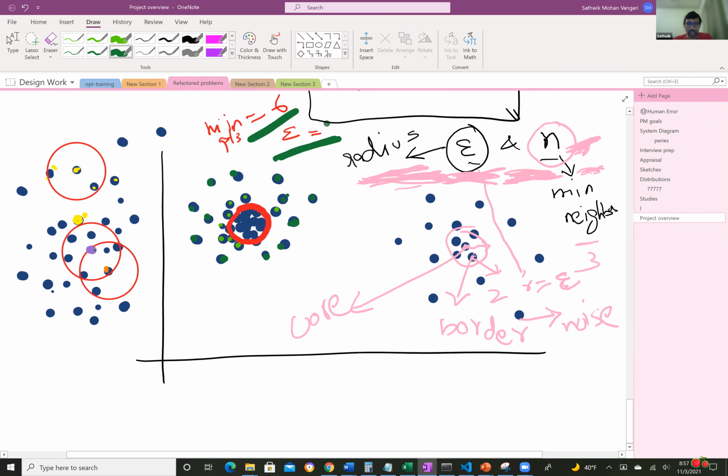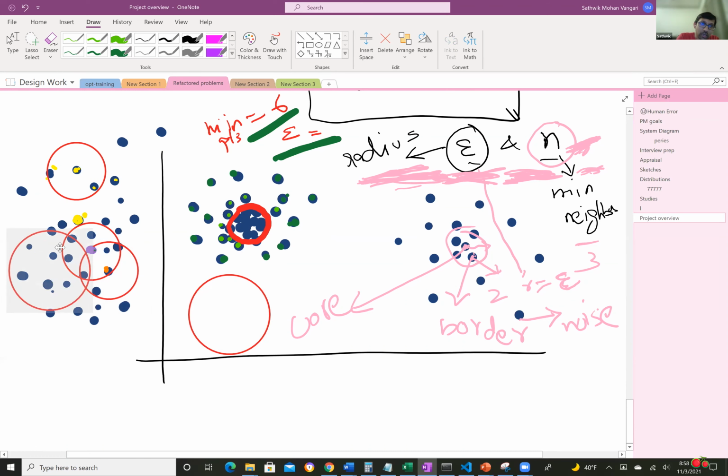Now, in this case, I drew a circle. What was the size of my circle? This circle? 2, right? Number 2. So let's say what if the circle was bigger, say 3. Now, if I put this big circle around, what am I going to achieve?